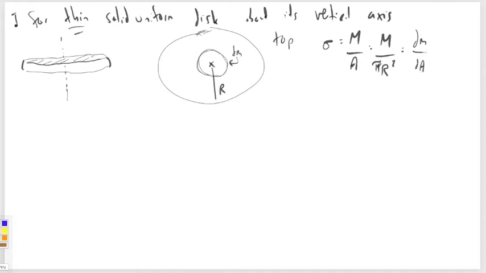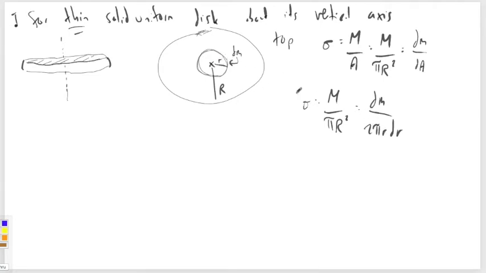One, you can literally just take the derivative of area, in which case you'll get sigma equals m over pi big R squared. Zoomed in perspective, remember we always want to take a zoomed out perspective for the whole object, zoomed in perspective for our little infinitesimal mass piece. The derivative of area is just 2 pi r dr, where of course my pieces are going to have different little r radii.